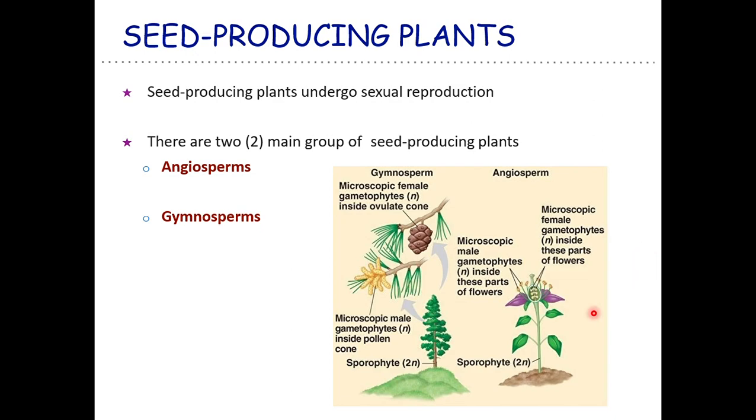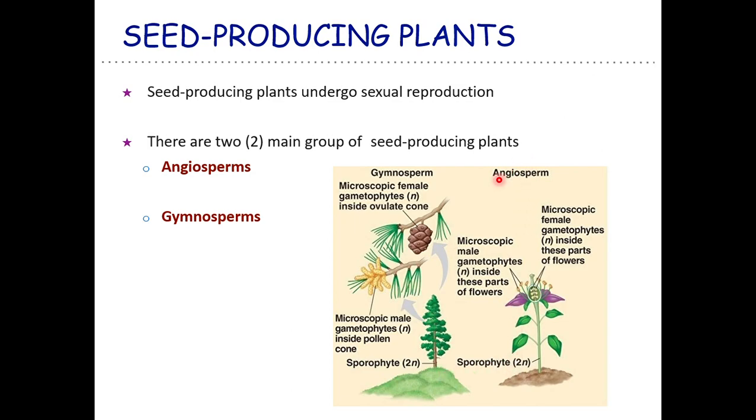As we can see in the figure, gymnosperms have the microscopic female gametophyte inside the ovulate cone. These plants have cones. This one is the ovulate cone and another one is the pollen cone that contains the microscopic male gametophyte, made by the sporophyte, which is the plant.